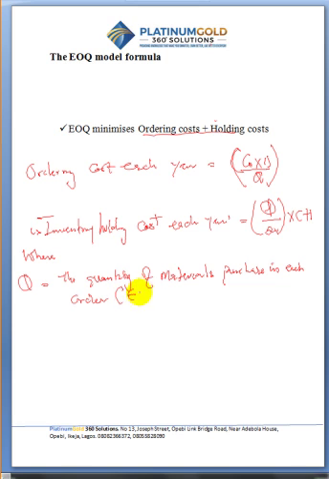That is the EOQ. Then D is the annual demand for the material.